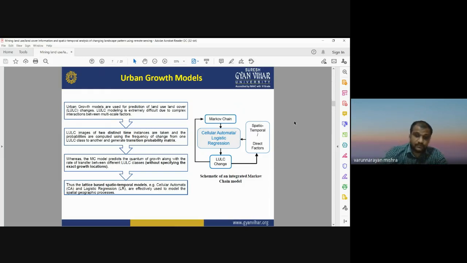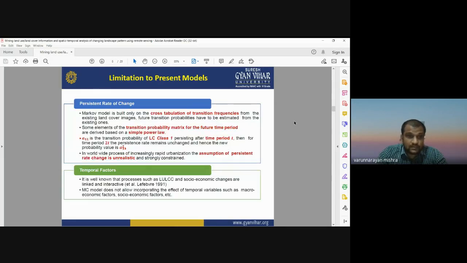Okay, but the Markov chain model has some limitations. Because the Markov chain model is built only for the cross tabulation of transition. It only provides us the transitional information, probabilities of the change from one class to another class. Some elements of the transition probability matrix for the future time period are derived based on the simple power law.